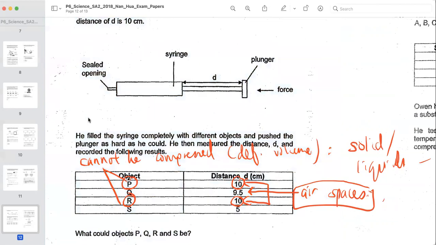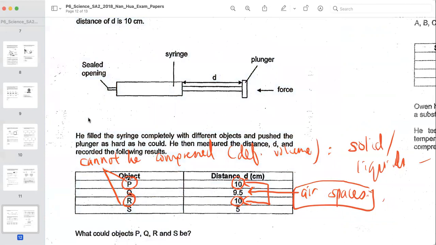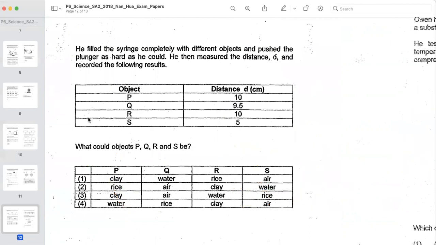Just now I said P and R must be liquid or solid. So these two must have a definite volume because they cannot be compressed.